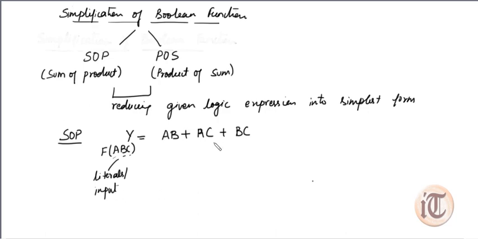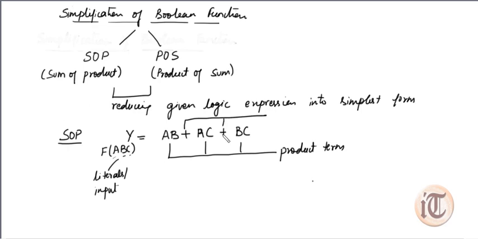So this expression is in SOP form. See, AB, AC and BC are called product terms, and now we take the sum. So we are taking the sum of the product terms. This is how we express the SOP form.